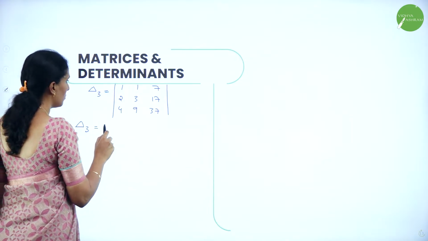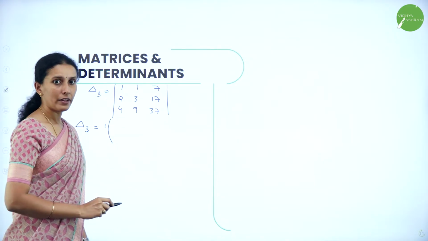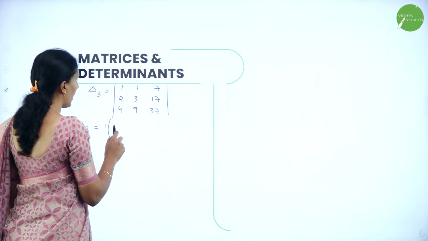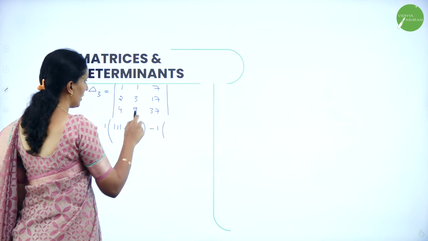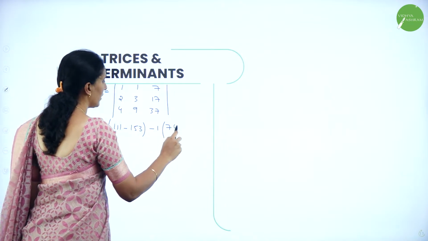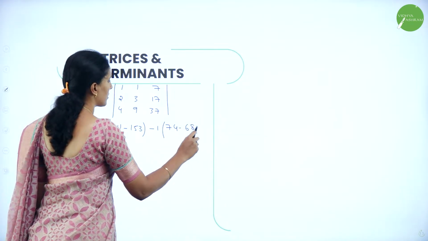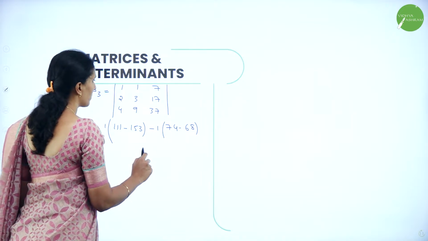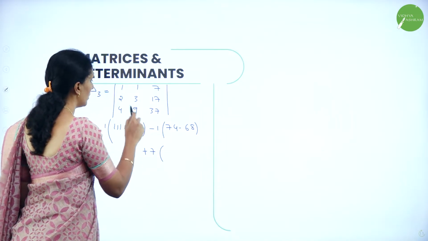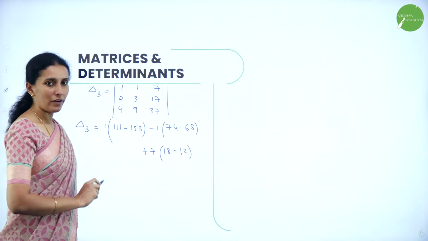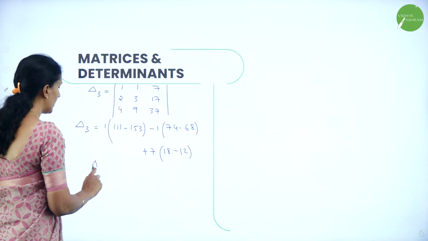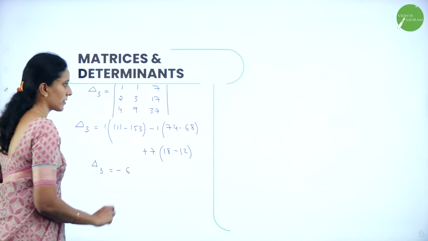Delta 3 is equal to 1 into 37 threes are 111 minus 153 minus 1, leave the row, leave the column, 74 minus 68. Next we have plus 7 into 18 minus 12. So again on solving this, we get delta 3 is equal to minus 6.